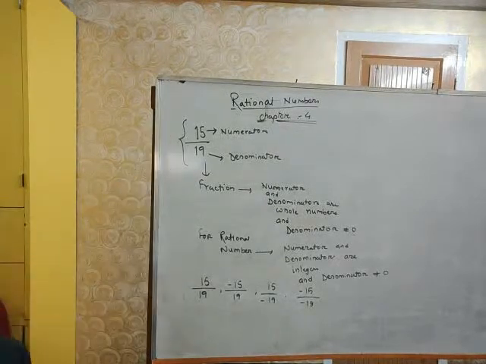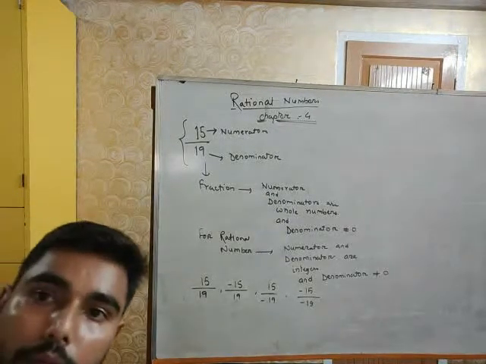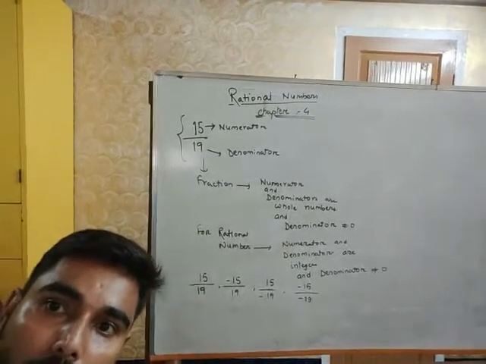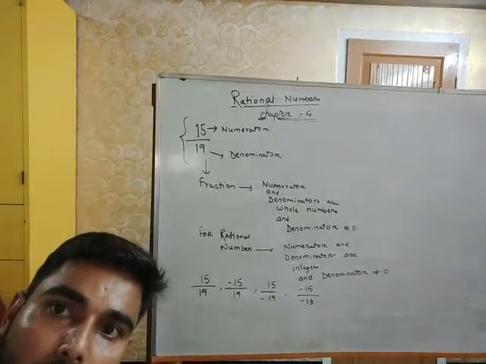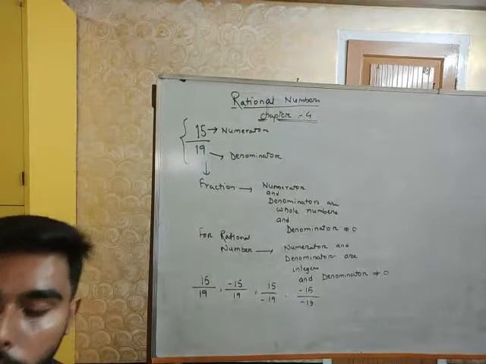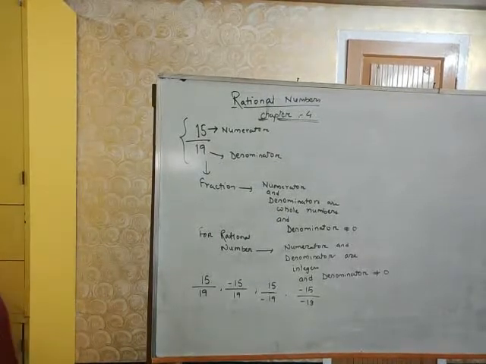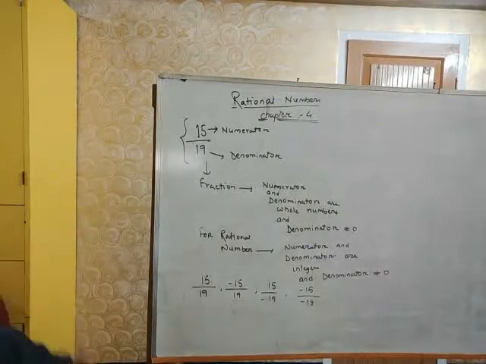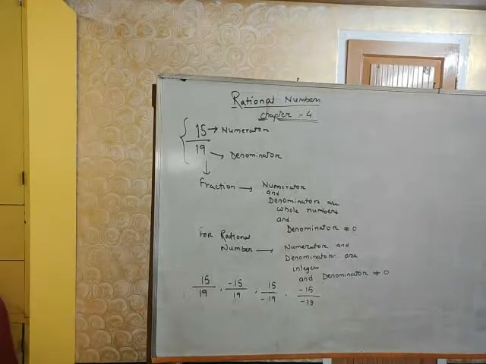Please note it down as a note, then I will rub the board. Is it clear? So what is a fraction? Fractions are the numbers which can be written in p by q form. P by q form means numerator-denominator form.